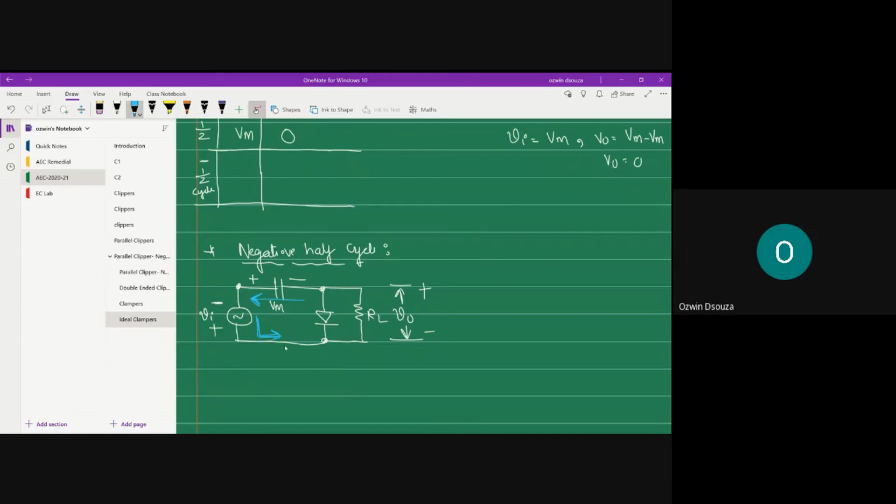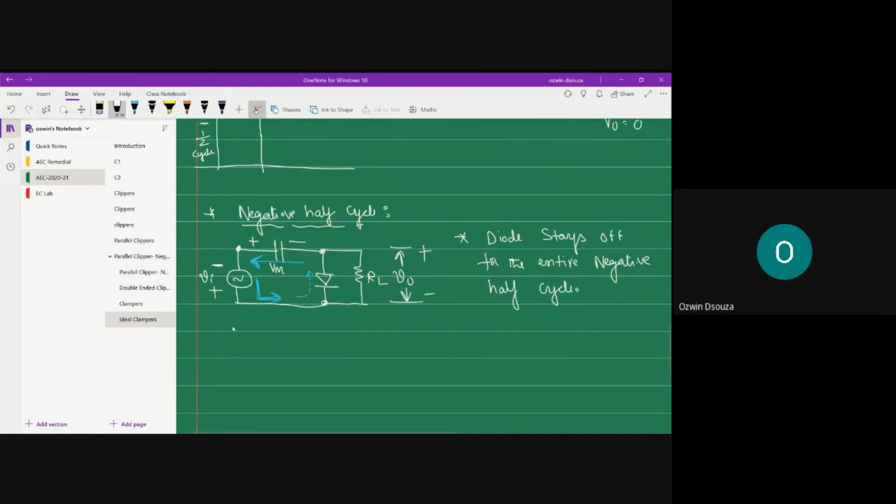Both are trying to circulate the current in the anti-clockwise direction, and therefore the diode stays off for the entire negative half cycle.